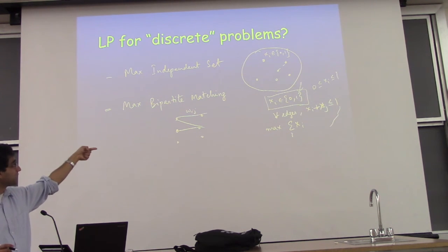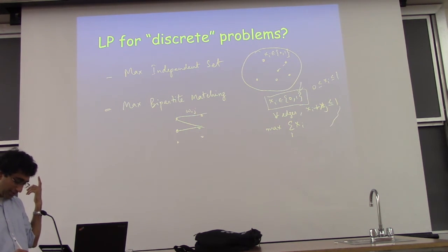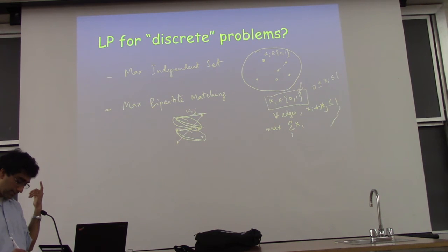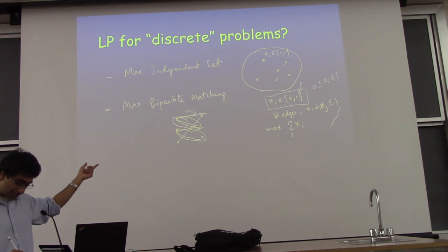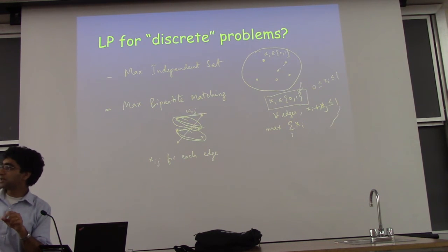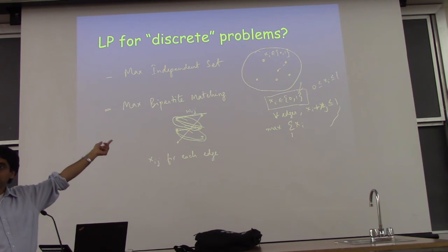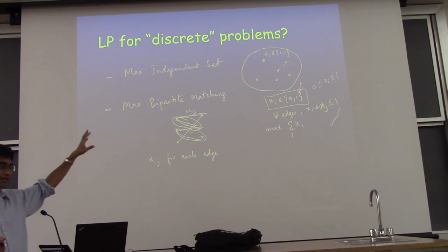You can write this using a linear program, because you can think of a matching as just a collection of edges. Maybe you pick this edge and this edge and this edge, and you have a variable xij for every edge. xij 0 means that edge was not picked. xij is 1 means that edge was picked, which means i was mapped to j. So this is a natural way of doing matching.